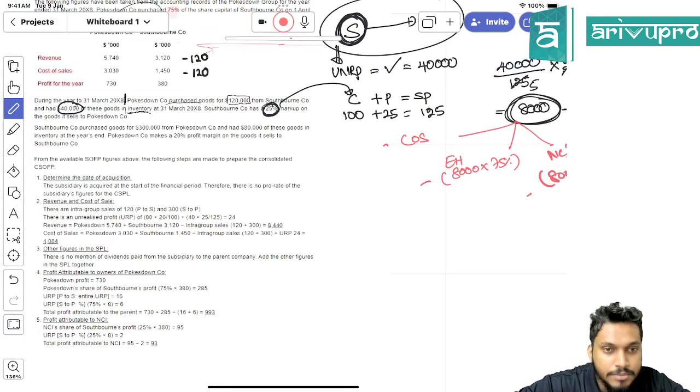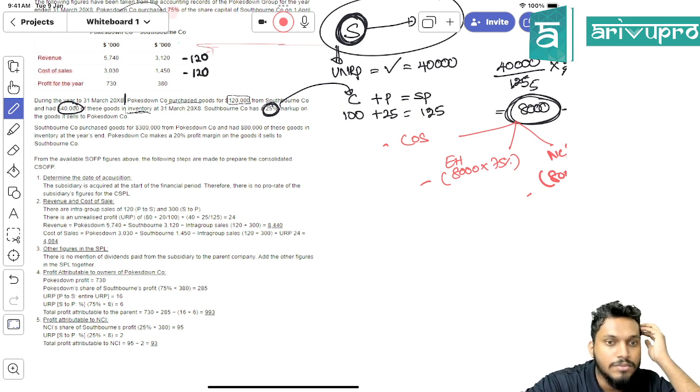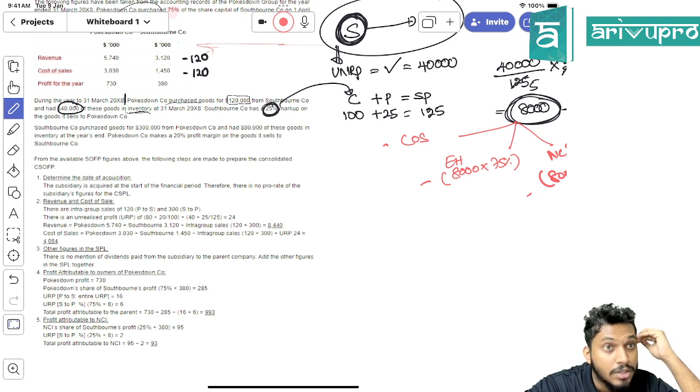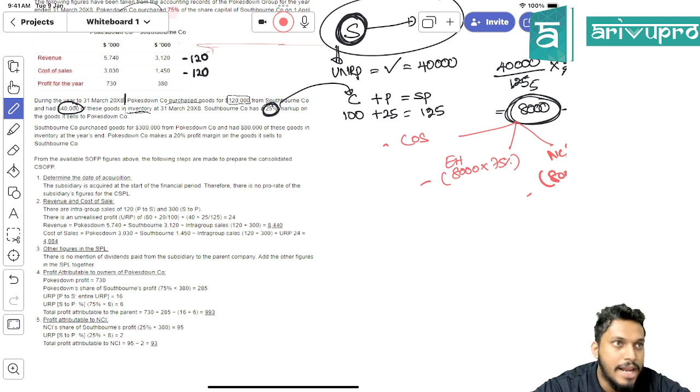Then, on the cash, we are taking only the parent's cash figure. You are asking in terms of the balance sheet or the P&L?